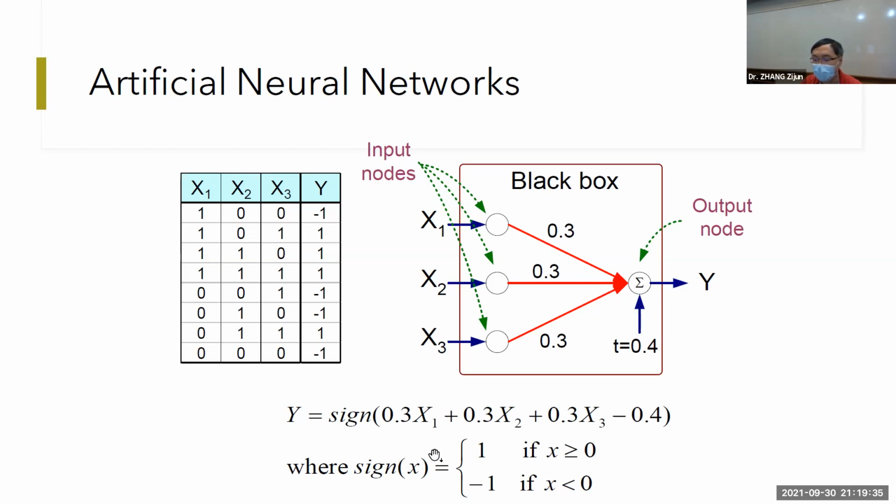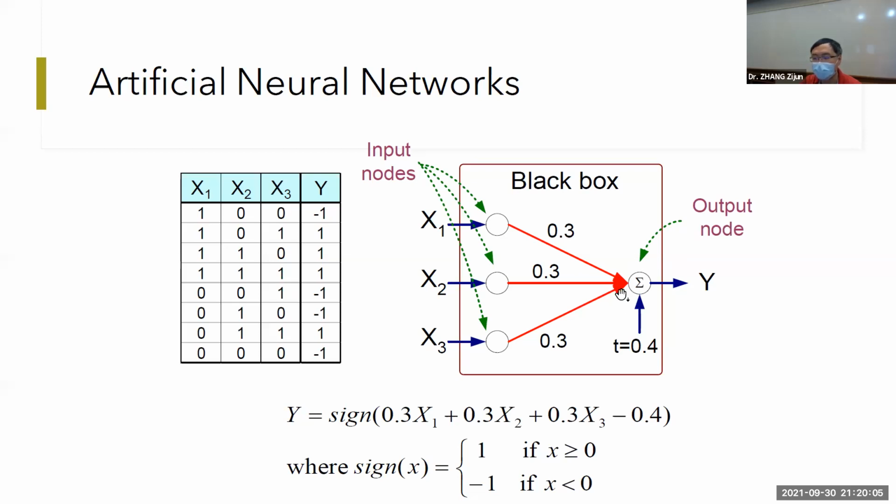The difference is that based on this linear model, we will apply an activation function, which is a sign function here. But this sign function is just a thresholding indicator to determine whether Y belongs to +1 or -1. This is the simplest network structure, okay?